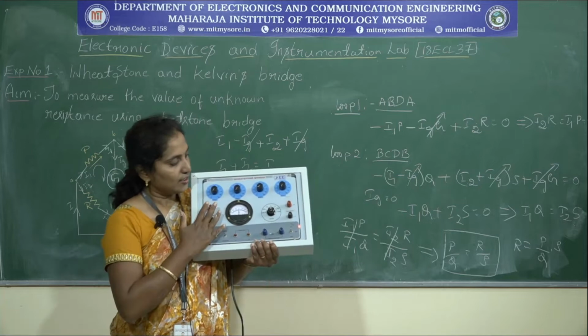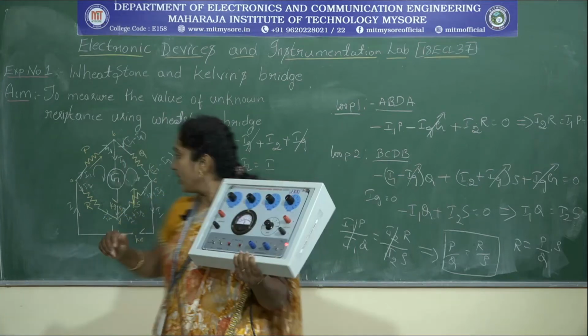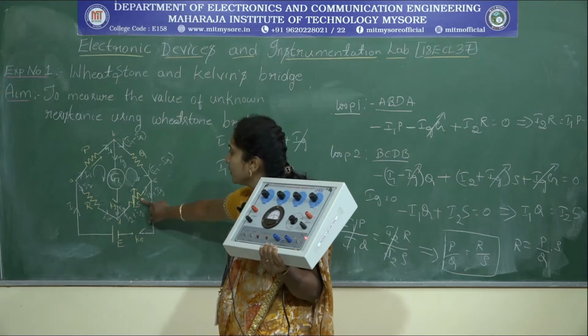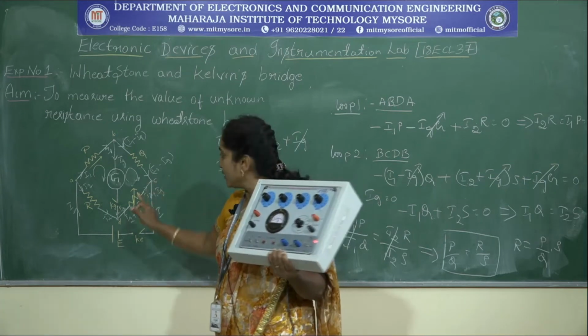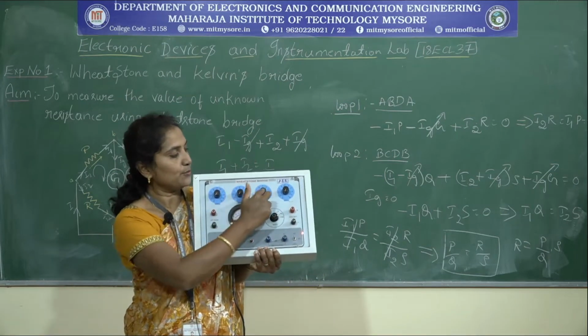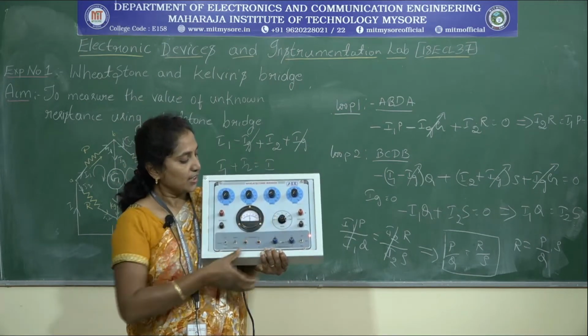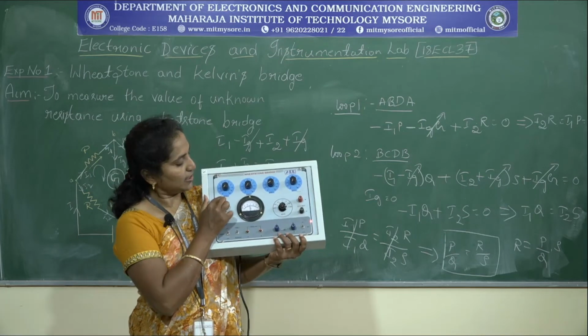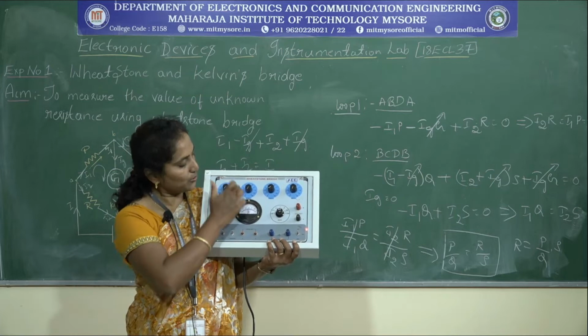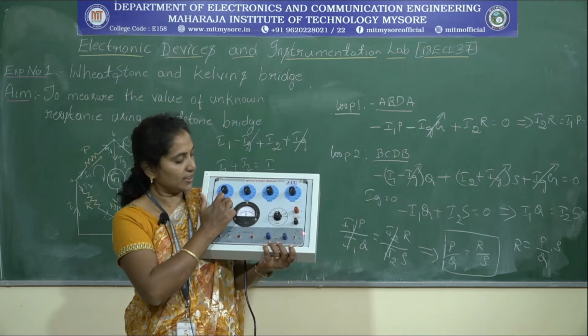And the rest of the part, I have told you, this is the variable resistance. That variable resistance, you are varying with these 4 knobs. See here, this is into 1 kilo ohm. You are having 0 to 10 various ranges.